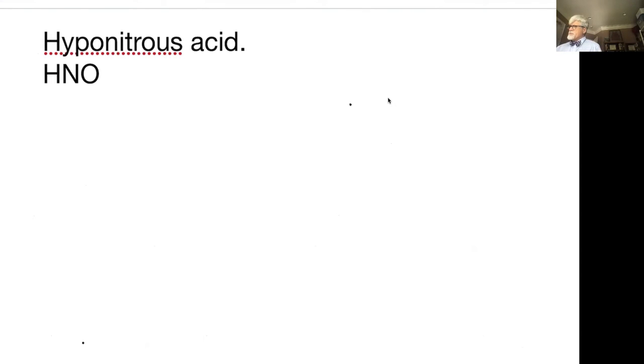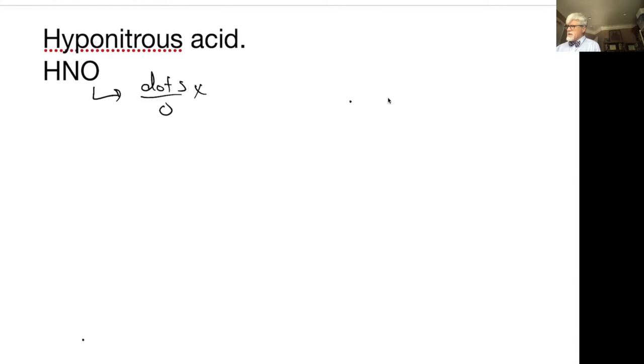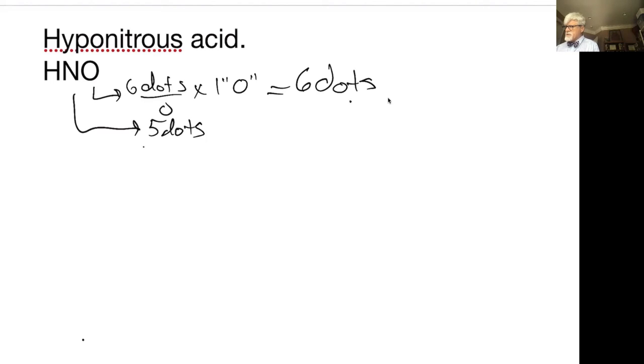And to apply those rules, we said that we were going to count first, and let's do that. I have 6 dots for oxygen. I don't have 10 oxygens, I just have 1, and so that's why I put the little quote marks there, that I want 6 dots. I want 5 more dots because this is nitrogen.